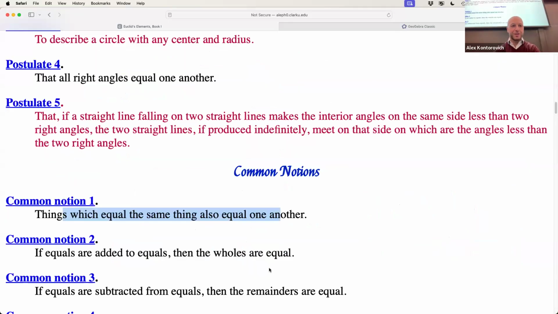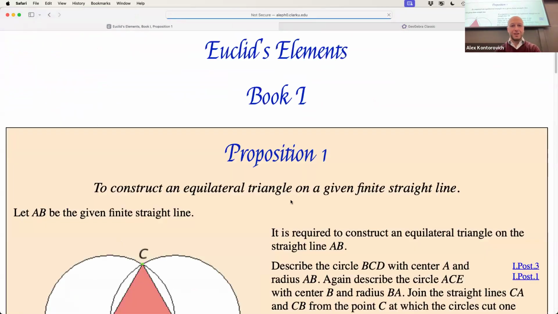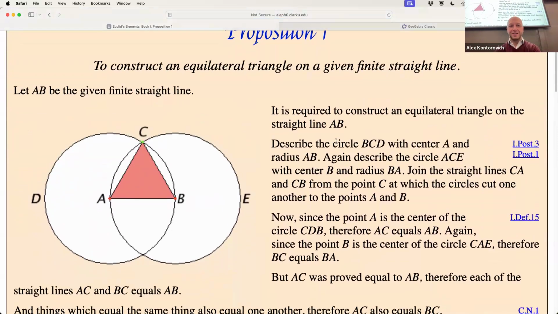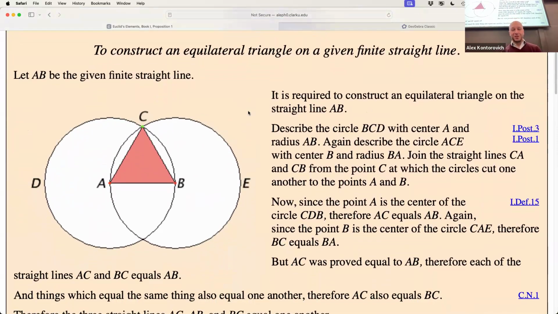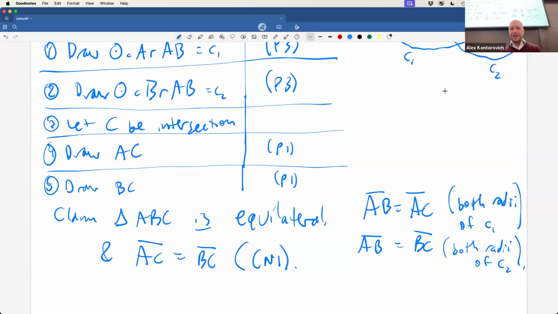If you look at proposition 1, look at what Euclid does, just to show you that what we did is exactly what he did. Euclid says you're given AB. We want to construct an equilateral triangle. You describe this circle, you describe that circle. You use postulate 3, and you use postulate 1 to draw the lines. Definition 15 says that what it means to be a circle is that all the points are equidistant from the center. I didn't mention that, but that's why they're both radii.